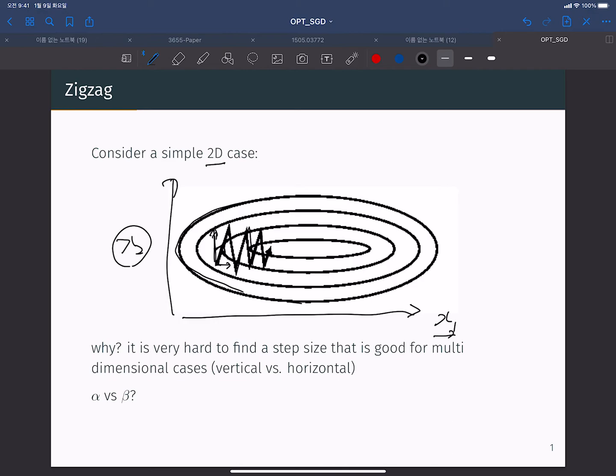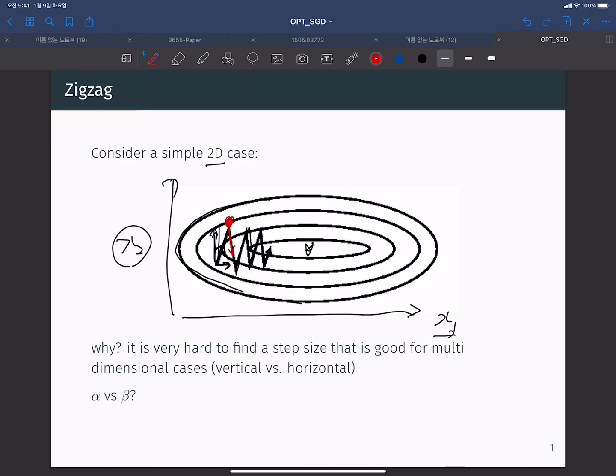So basically, although you move only a little bit toward the global optimal point, you have a very high movement in the x2 direction. So you basically move to here. And then again, when you compute the gradient descent, at this moment, you have the complete opposite direction.